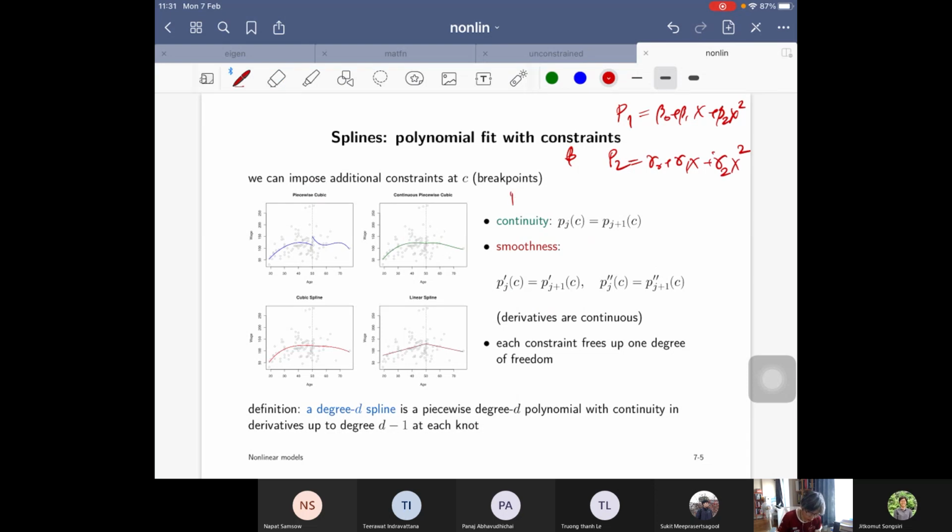Sukit, can you take the derivative of P1?